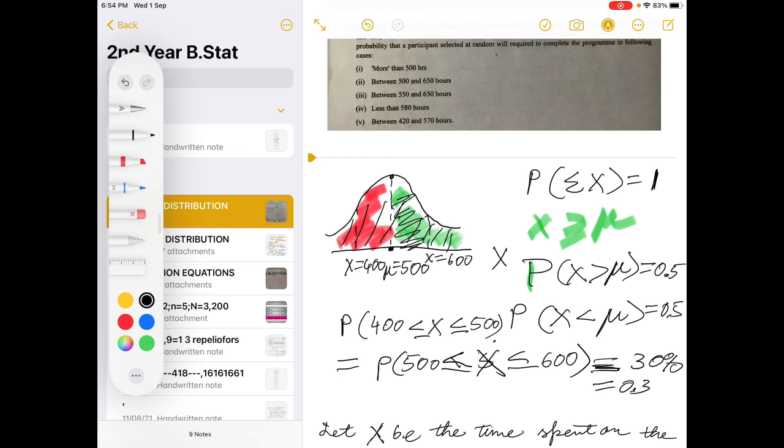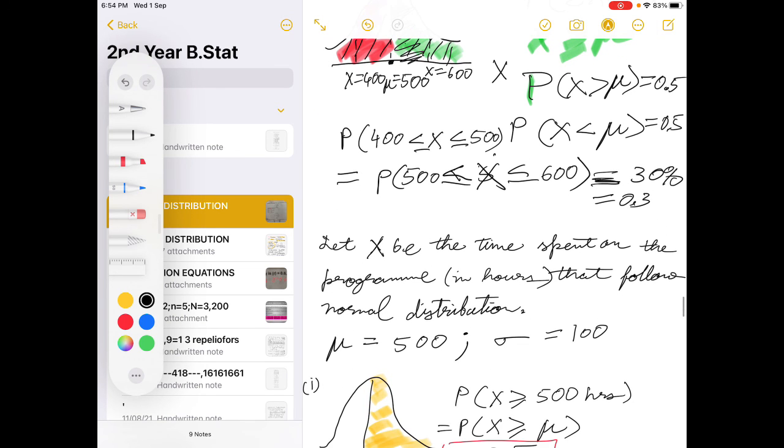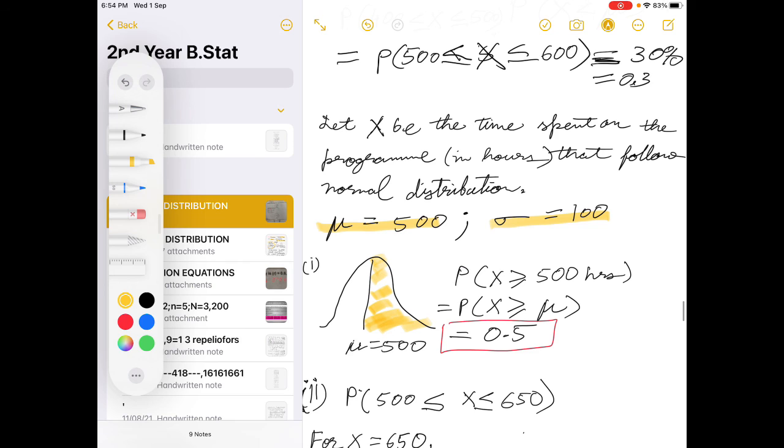Now let's take a look at the problem and let's try to solve it. We are given the time spent on the program. We are given the mean to be equal to 500 and the standard deviation is equal to 100. Now when we solve this problem, the first part asks us what is the probability that x is greater than 500 hours. That means that a particular candidate takes more than 500 hours.